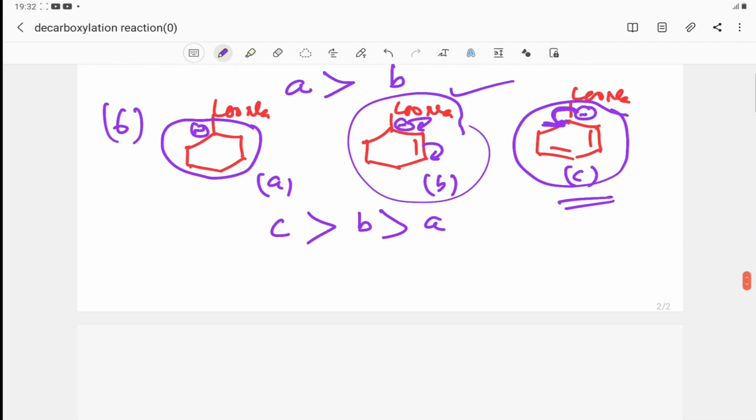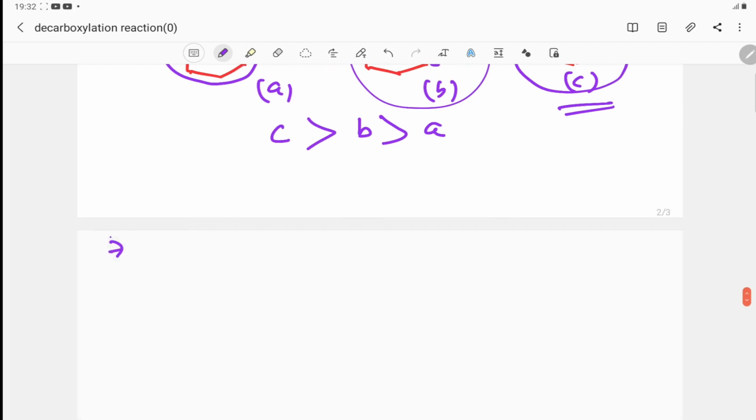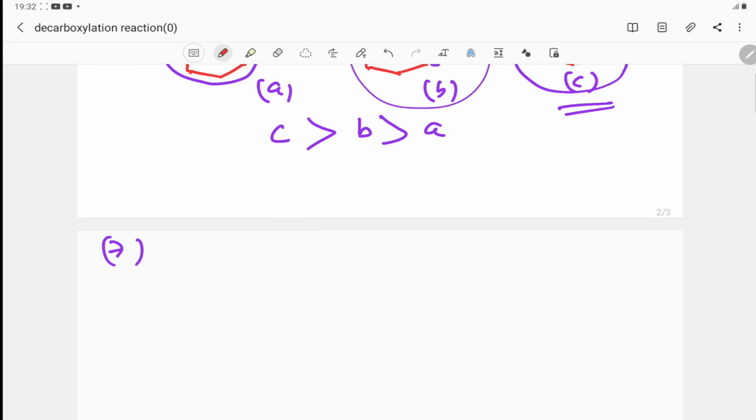Then come to another example. If you take this example, like this: CH3, CH2, C double bond O, O-Na, this is A. Then the second example, if you take CH2 double bond CH, then COO-Na.